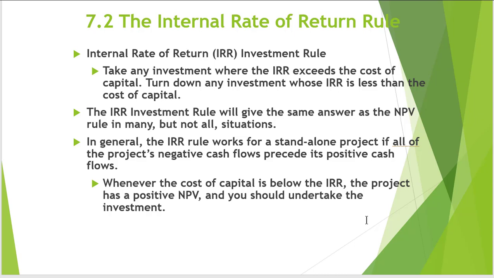So the internal rate of return and net present value agree with each other in all instances except for a couple. When we see projects that are these others, you need to understand that the internal rate of return is not going to give us an answer that reflects increased value.